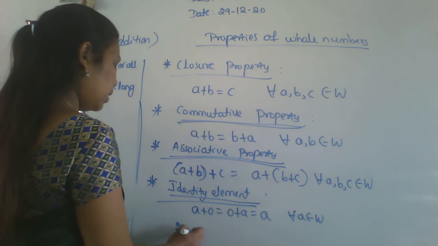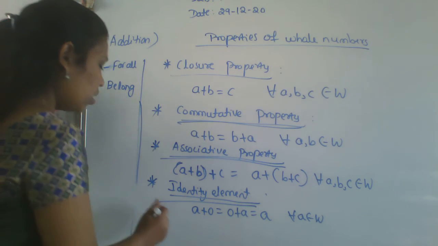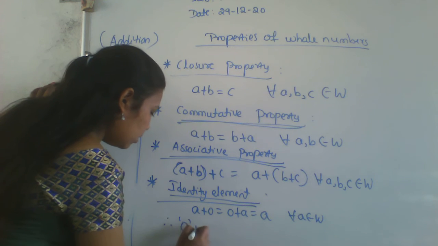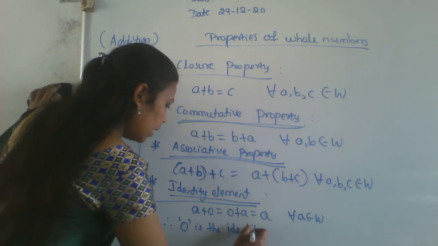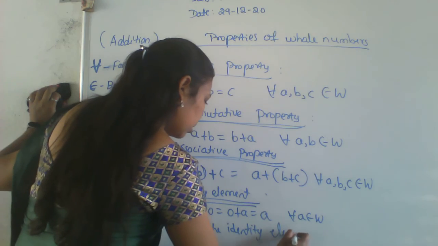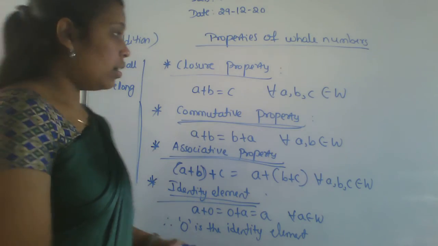Means 2 + 0 is equal to 2 only, right? Therefore 0 is the identity element here.